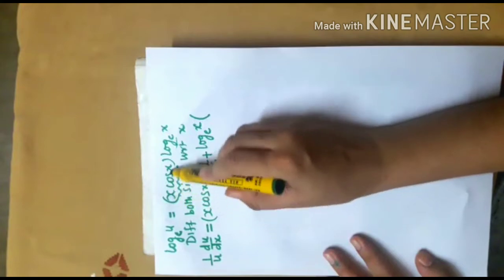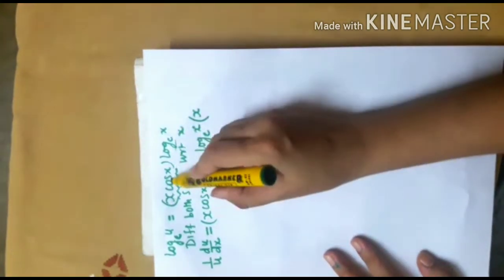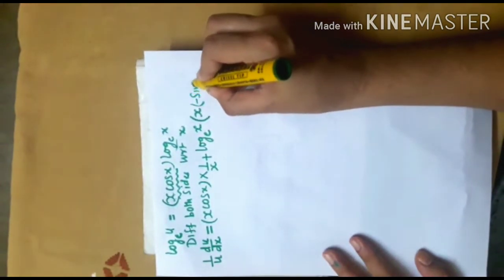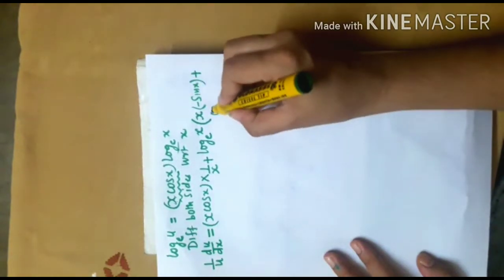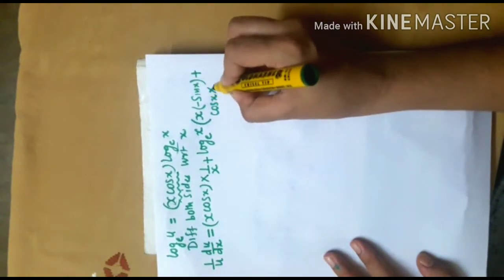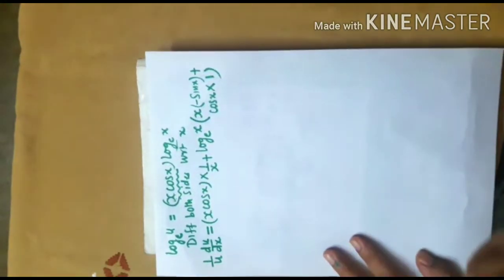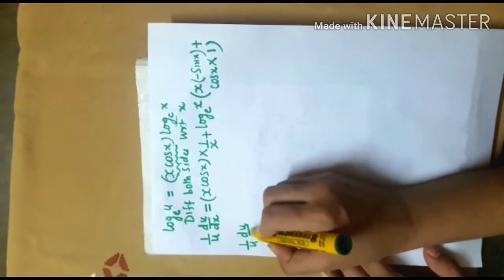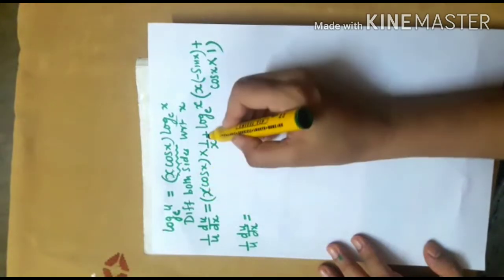So product rule on this first function, that is x, into derivative of second, derivative of cos x is minus sin x, plus second function cos x into derivative of first, derivative of x is 1. So I'll get 1 by u du by dx is equal to, this x will get cancelled out.